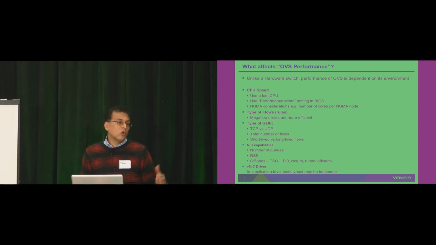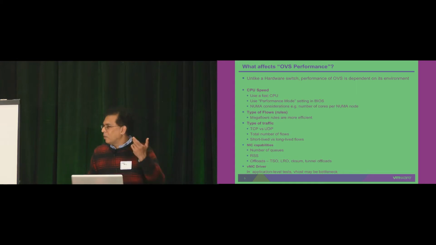The types of flows that are installed in OVS is important and can have a big effect. The type of traffic, whether it's TCP or UDP, the nature of the flows, and the NIC capabilities are very important in the performance that you see in networking, obviously.